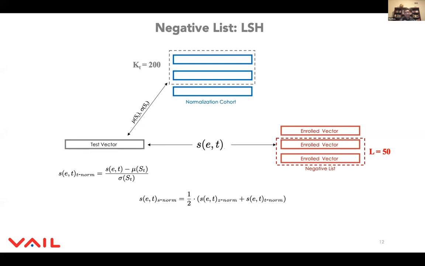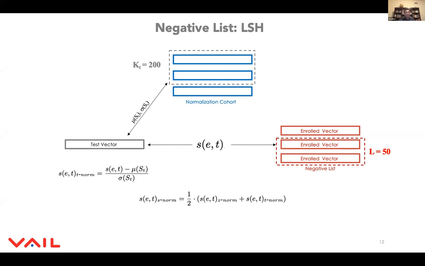On the other hand, only the high scores, meaning those vectors in the negative list that are most similar to the test vector, are relevant for negative list detection. So there's no point in spending all of these computations on the low similarity scores and doing that accurately.